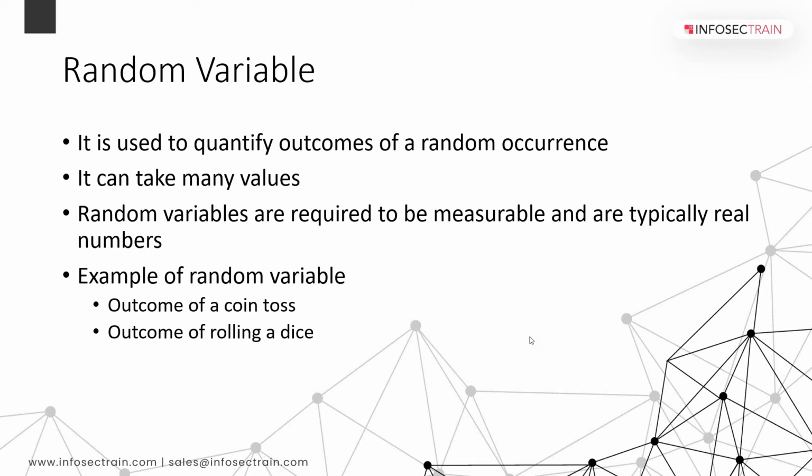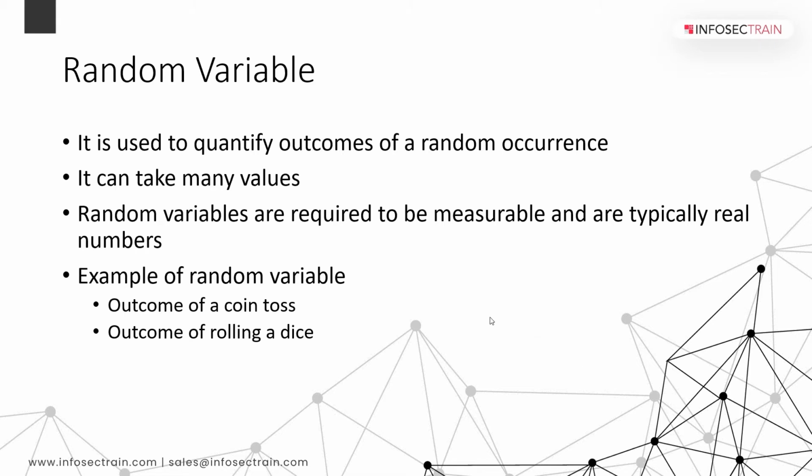Random variables are also required to be measurable and are typically real numbers. Examples of random variables: the outcome of a coin, a very basic example, and the outcome of rolling a dice.